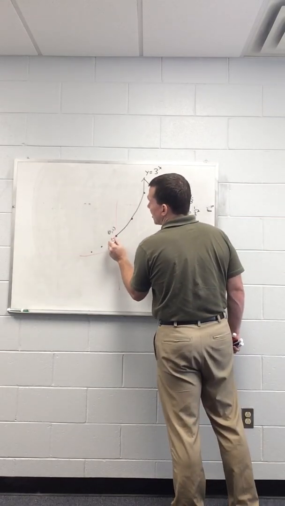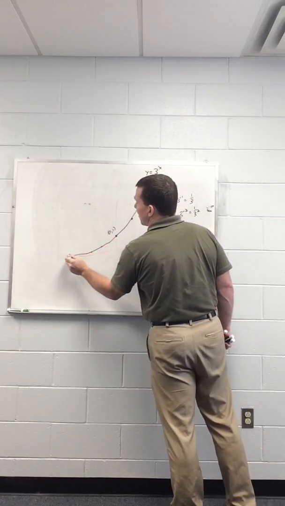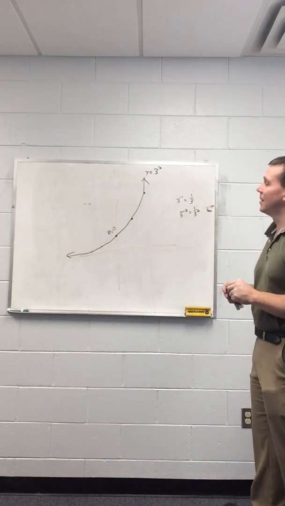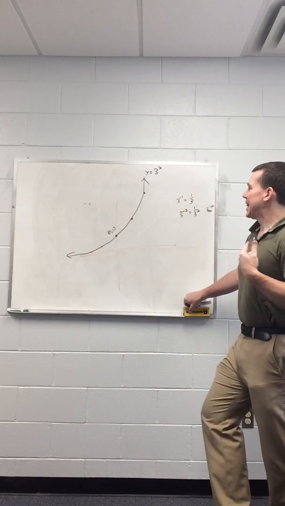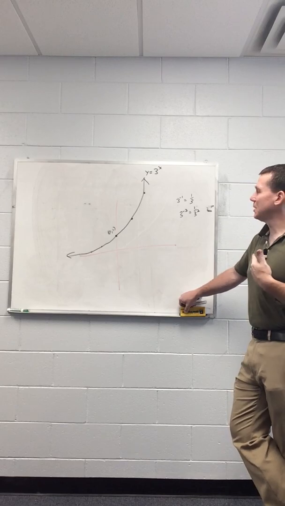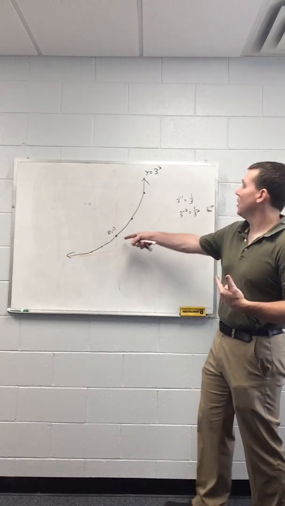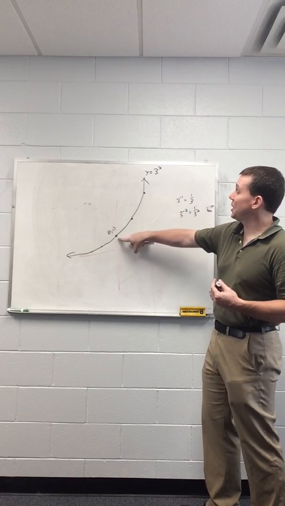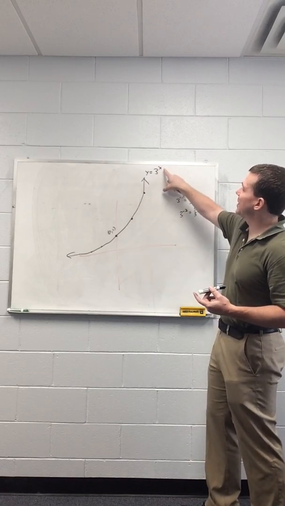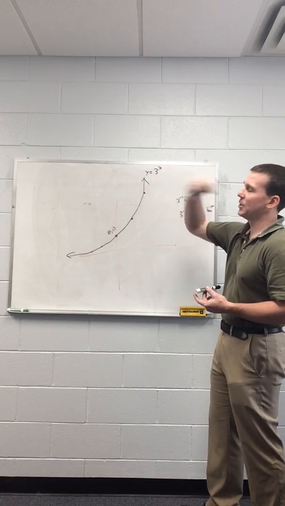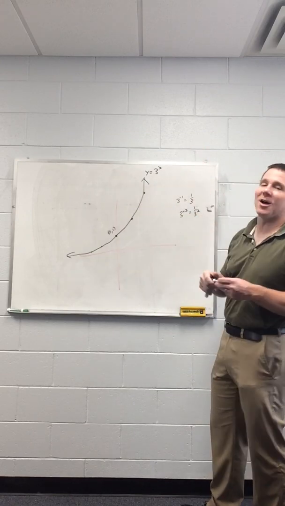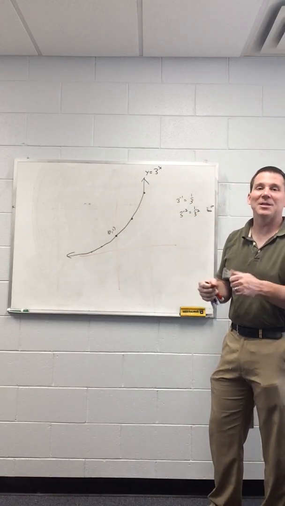So I'll get smaller, but I'll never hit 0 and I'll have a horizontal asymptote. Point being, this is the graph of an exponential in general. Horizontal asymptote approaching 0. Always goes through 0, 1. Because anytime I plug in 0, I get something to the 0, which is 1. And then it shoots off to infinity really quickly. Exponential growth.